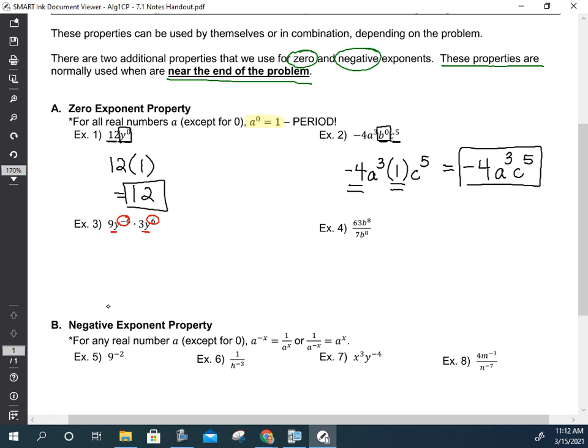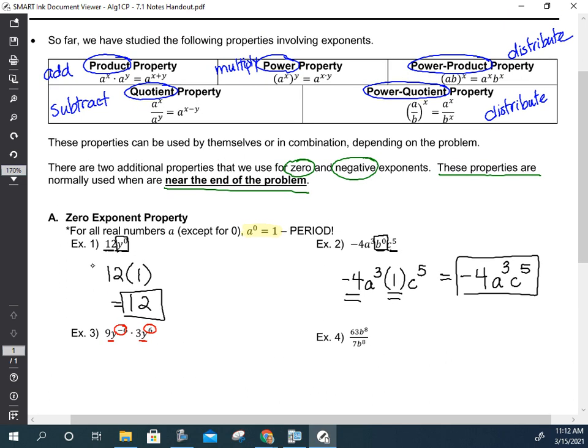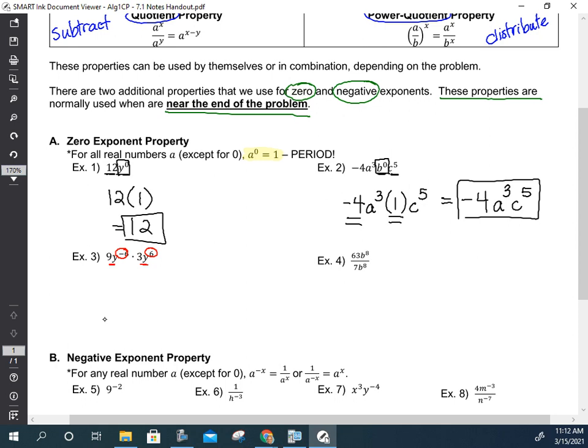You add the exponents. So when you multiply, so you're multiplying with the same base, that's when you add the exponents. So 9 and 3 are not exponents. So we do 9 times 3, which is 27. Keep the y. Add the exponents. -6 plus 6 is 0.